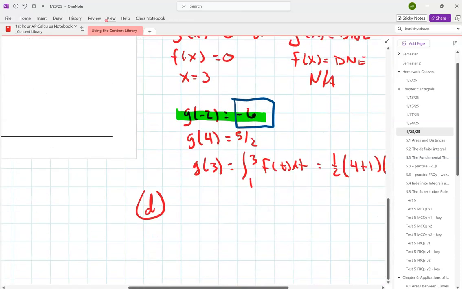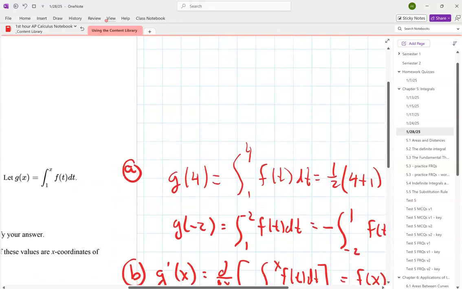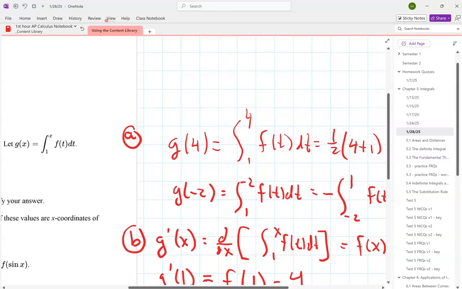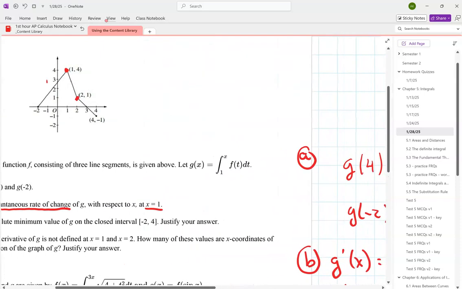So first thing I would do is observe that the second derivative of g is the first derivative of f. And at x equals 1, if I look at f here, to the left of 1, f has a positive slope.